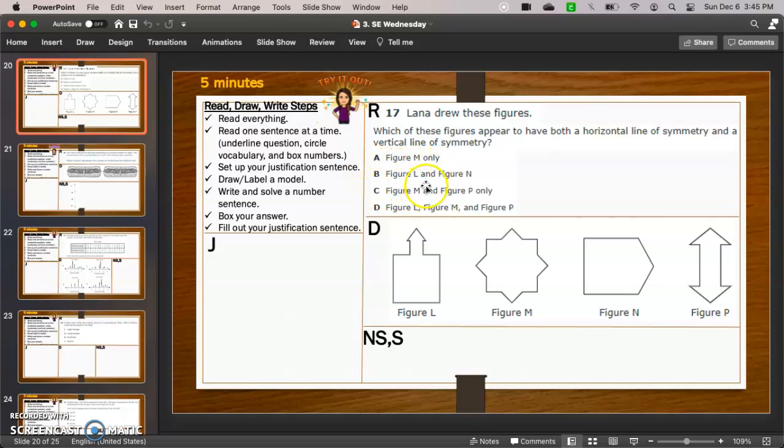B. Figure L and figure N. C. Figure M and figure P only. D. Figure L, figure M, and figure P. Pause the video while you work your problem in Pear Deck.